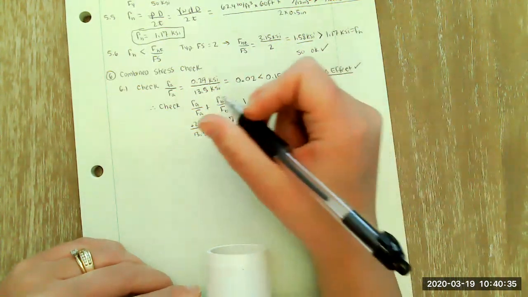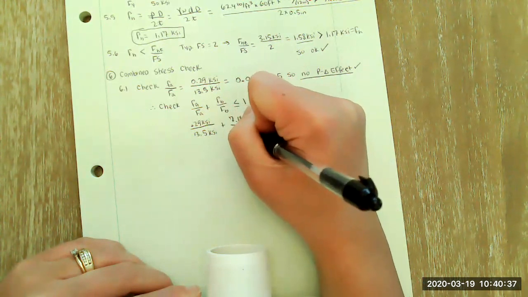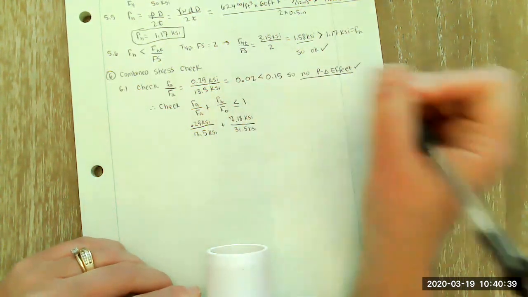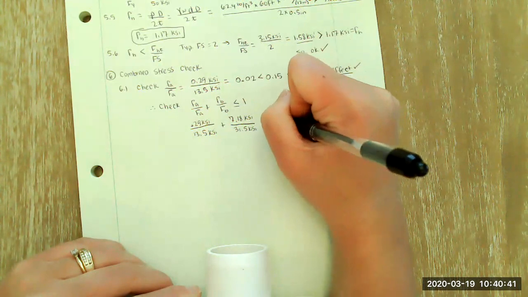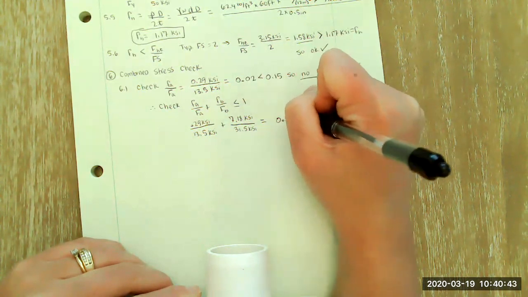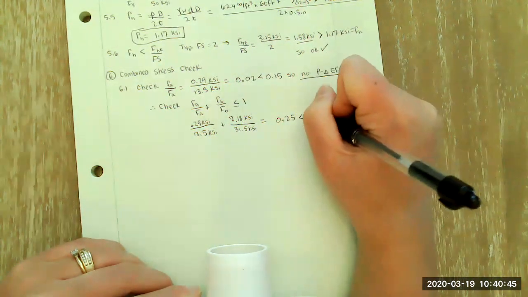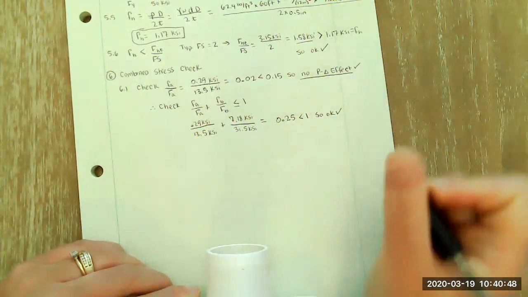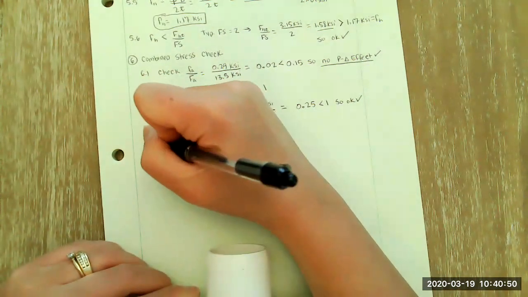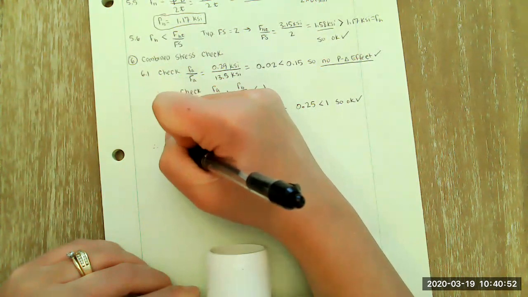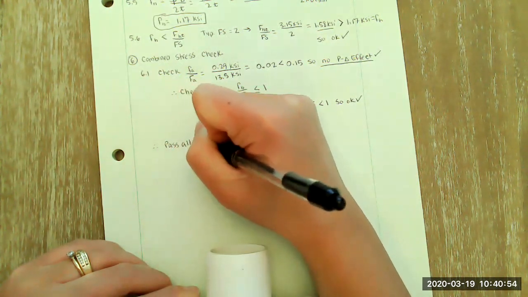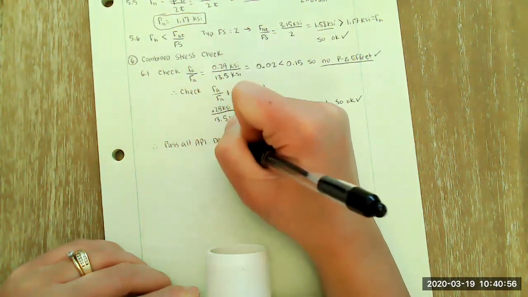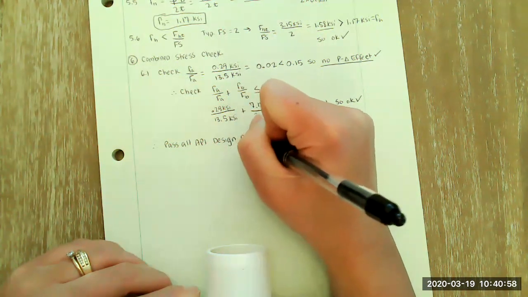My allowable bending stress was 31.5 KSI. Adding these together is 0.25, which is less than 1, so okay. And therefore, the final answer is that we pass all API design criteria.